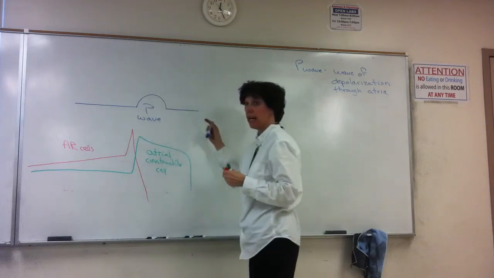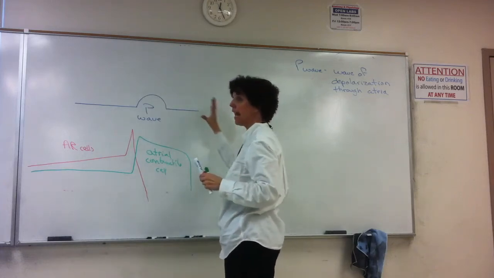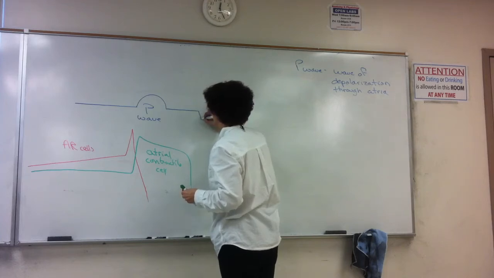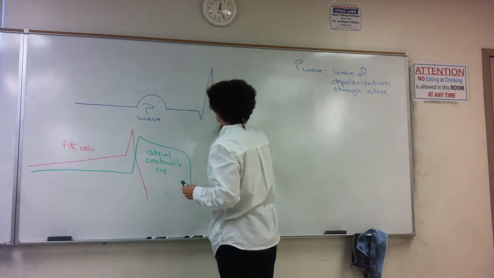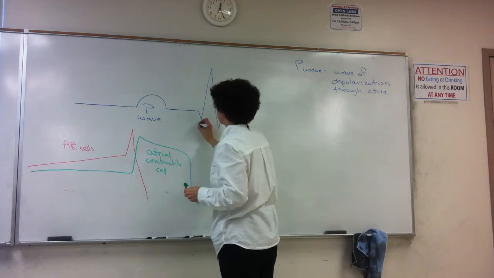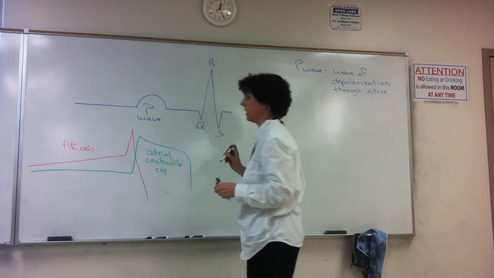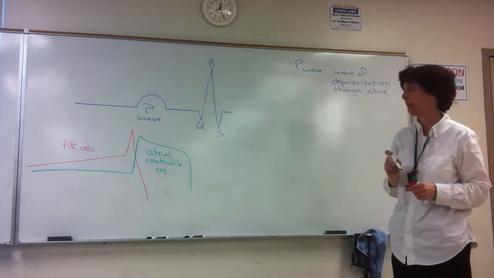Then we see the ventricles contracting. And when a wave of depolarization occurs in the ventricles, we see several waves. This is identified as the QRS wave.